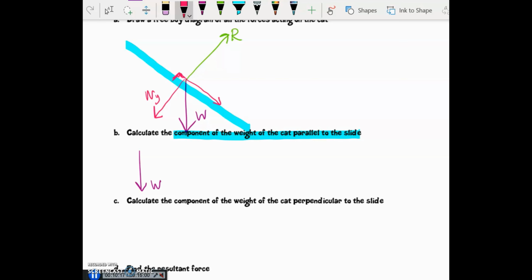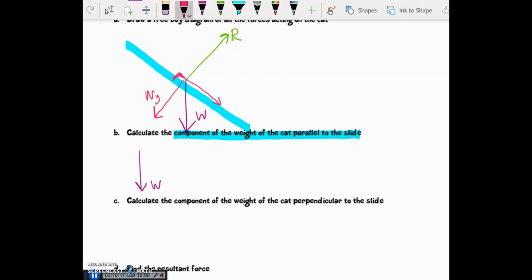Okay, so the angle given is 60 degrees from the ground. As you know, if the angle from the ground is 60 degrees, then the angle between w and wy is also 60 degrees. Okay, this is your angle, 60 degrees.